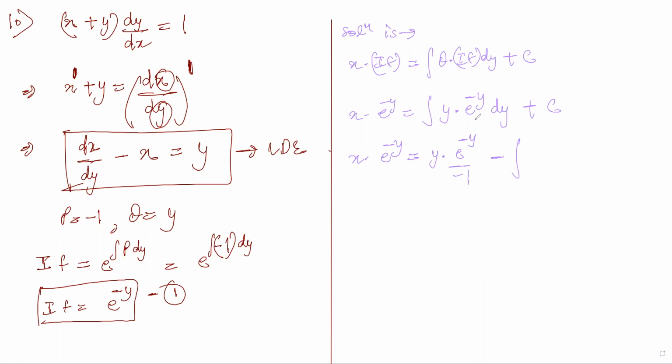Minus differentiation of first, which is 1, into integration of e to the power minus y, which is e to the power minus y divided by minus 1, into dy plus c. So this is x into e to the power minus y, this is plus, then again e to the power minus y divided by minus 1, plus c.